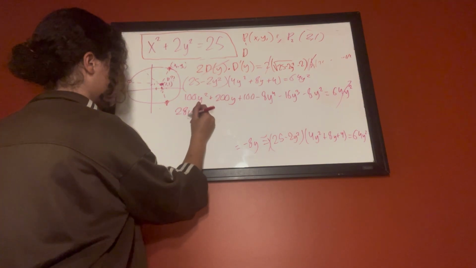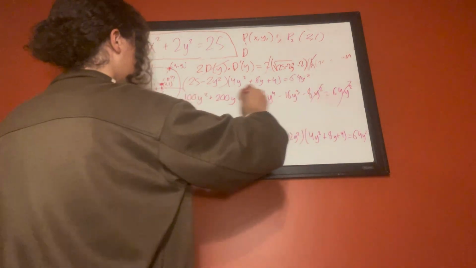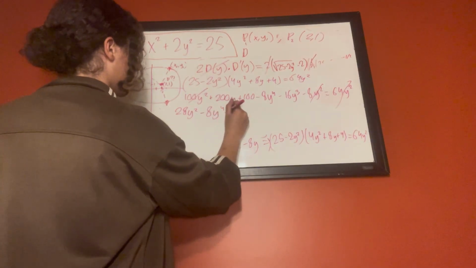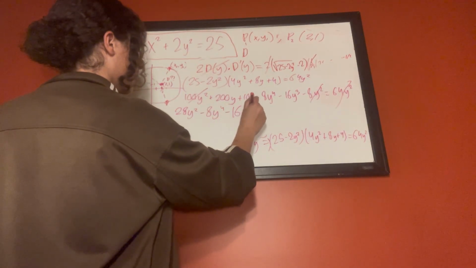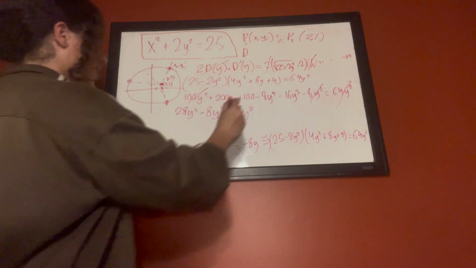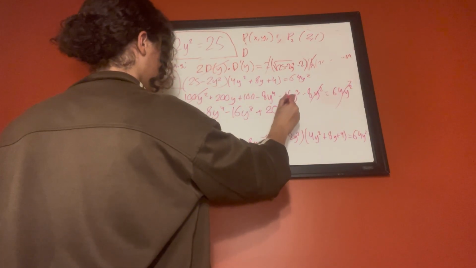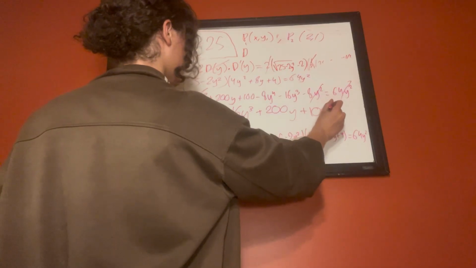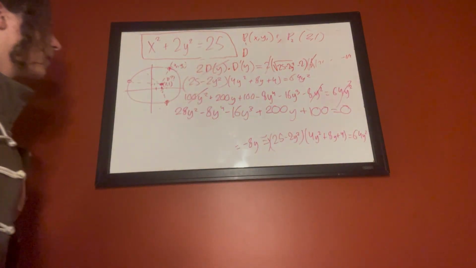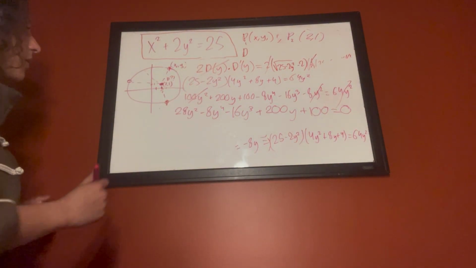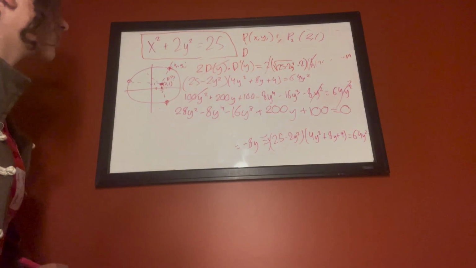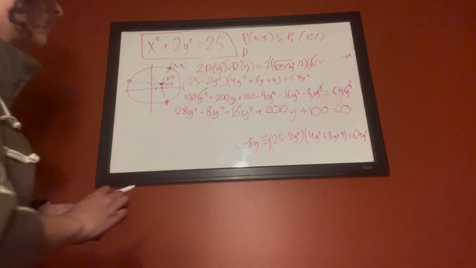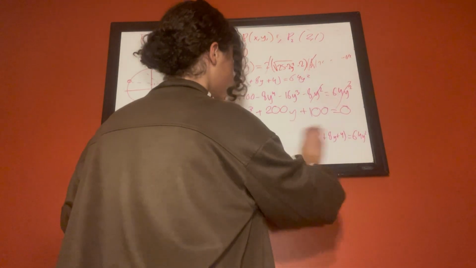So 28y squared, gotten rid of all of these. Minus 8y to the 4, minus 16y cubed, plus 200y plus 100, I think I have all of them, is equal to 0. Okay, so let's just reorder this, and all of these are divisible by 4, so let's divide both sides by 4.